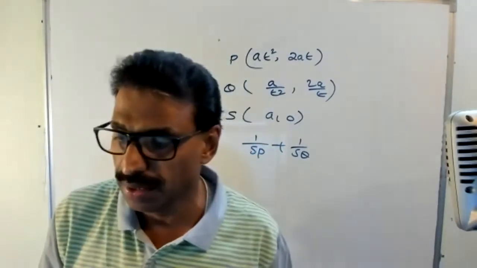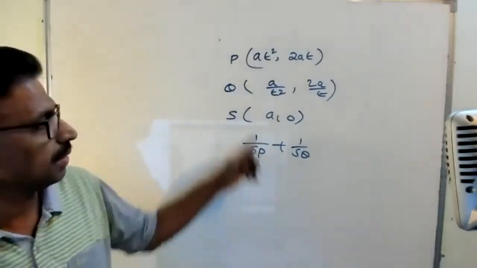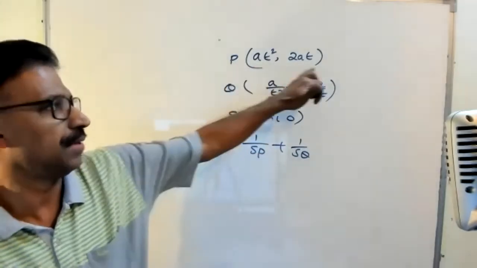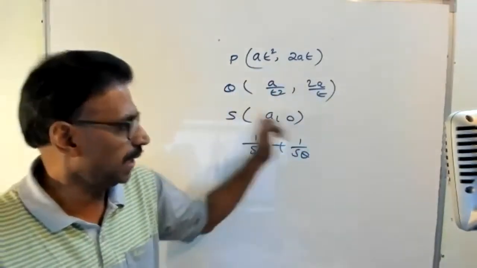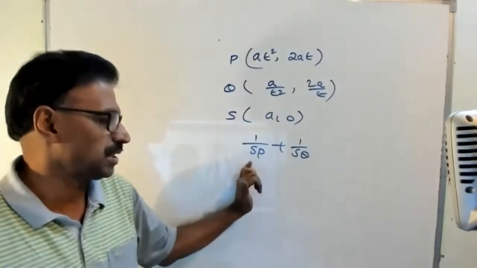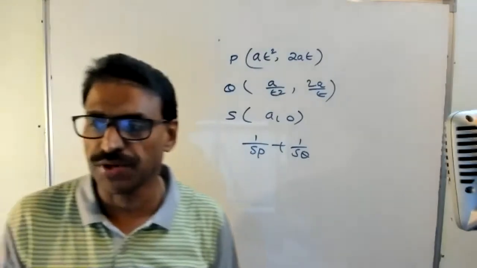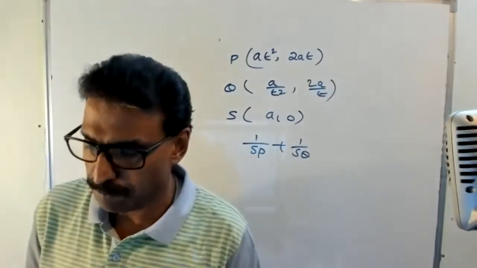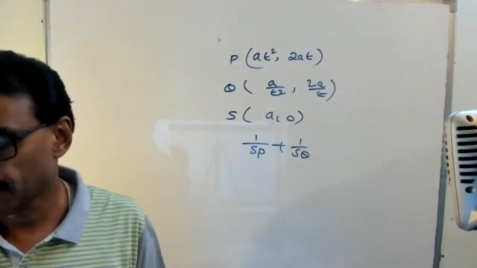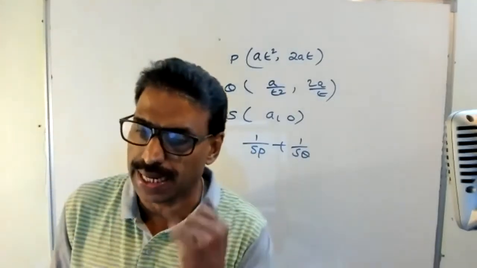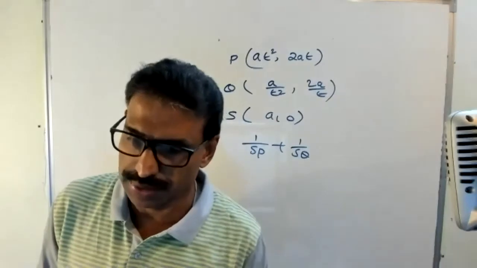Nia, can you see the board? This is P, this is Q, this is S. What is the meaning of independent of t? That means there is no t in the answer. Correct or no?